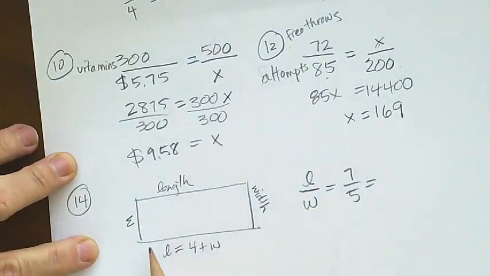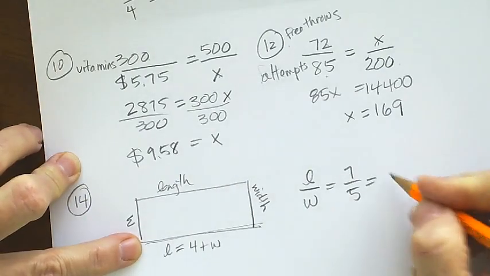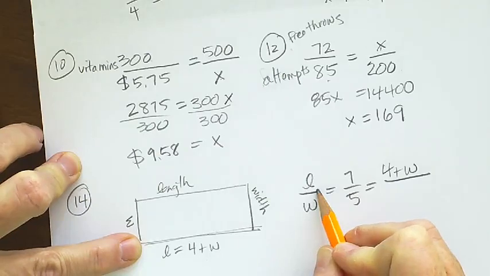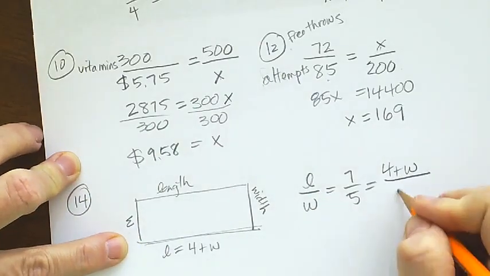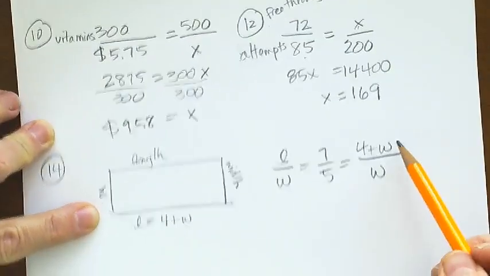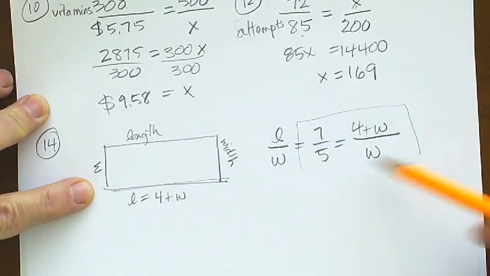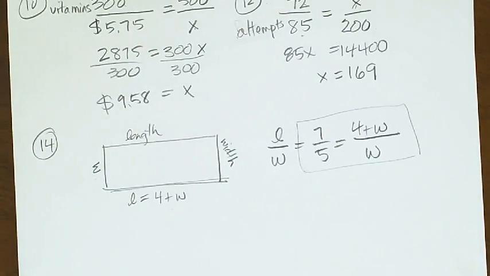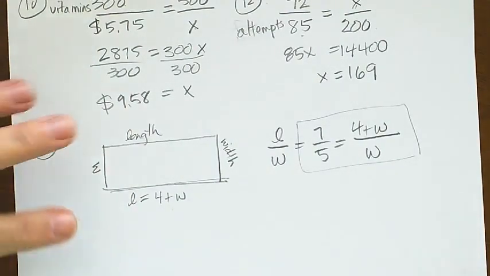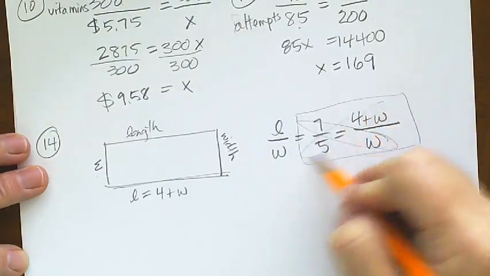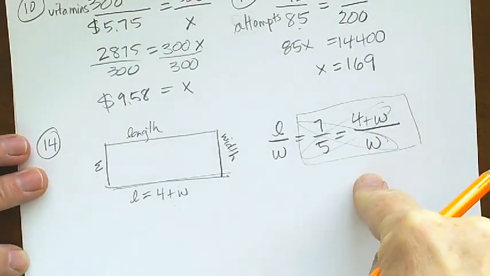Over here, the length is 4 plus W. That has to go on top because I put length on top over W. You have to have one variable. You can't have L and W in your proportion because two variables is an infinite amount of solutions. One variable, either L or W, is going to be one solution. Cross multiply. So the hard part here is setting this up.